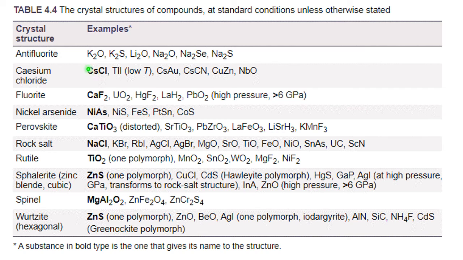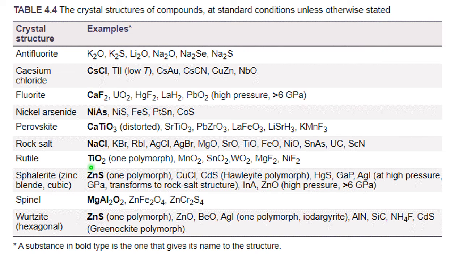First, cesium chloride for very large cations. It's cesium chloride itself, thallium iodide, and several alloys like cesium gold, copper, zinc, so on. Another group is fluorite: calcium fluoride, uranium oxide, and so on. Rock salt, sodium chloride, gives its name to a large class of compounds that have very similar structure, one-to-one.